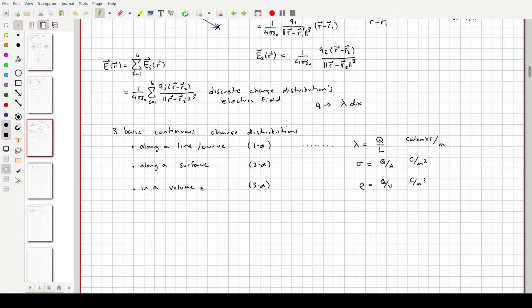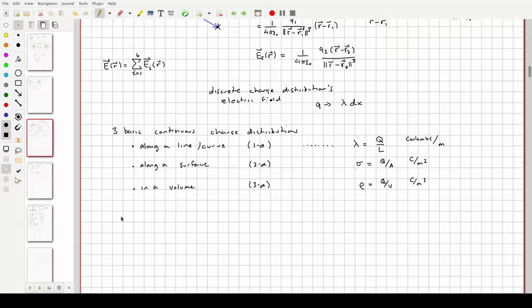So, for example, on a line or a curve, your differential field would be dE of r equal to 1 over 4 pi epsilon naught.